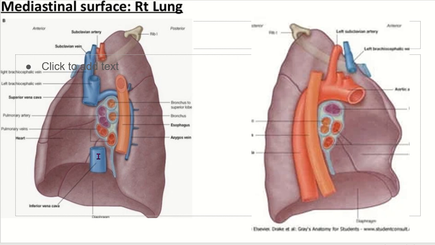In front of the pulmonary ligament and below the hilum, this is the groove for inferior vena cava. In left lung, just in front of the hilum, ascending aorta, above the hilum, arch of the aorta, and impression for left subclavian artery, and posteriorly the descending thoracic aorta and the lower part of the posterior part of the hilum, esophagus, is present.